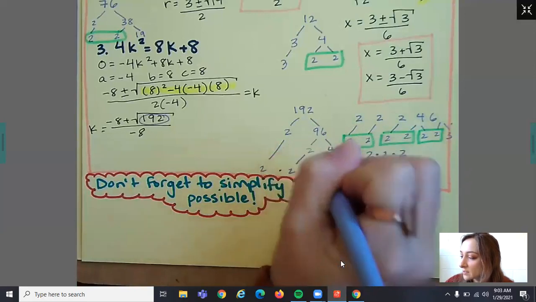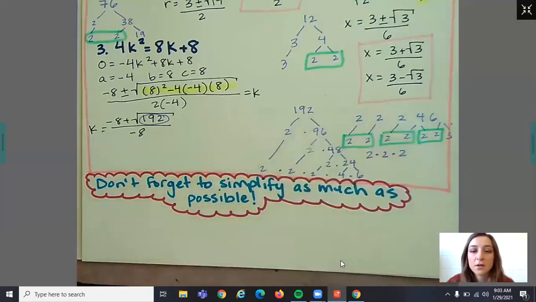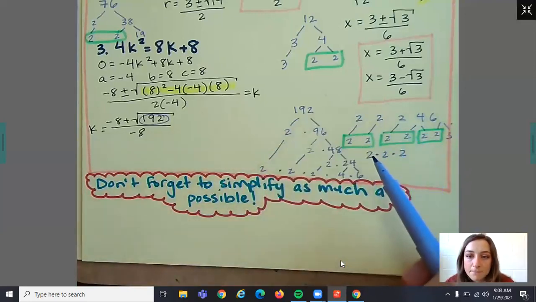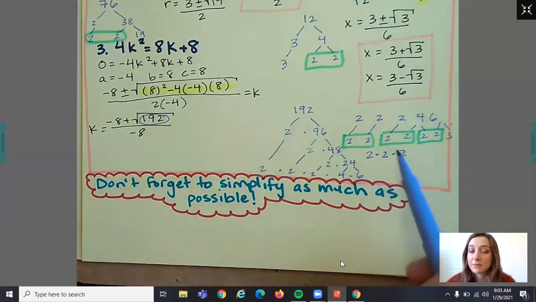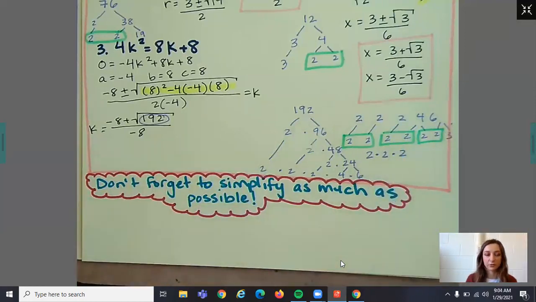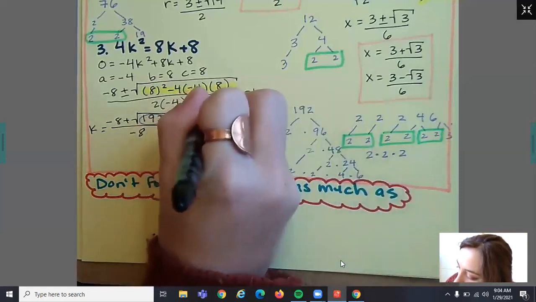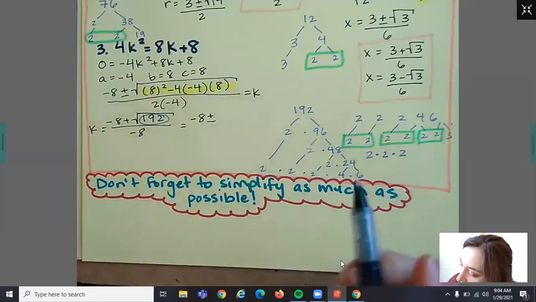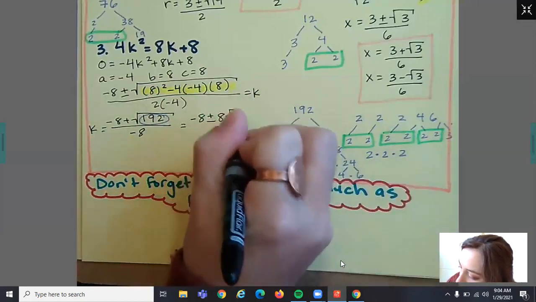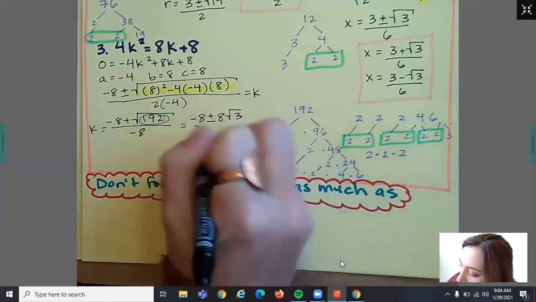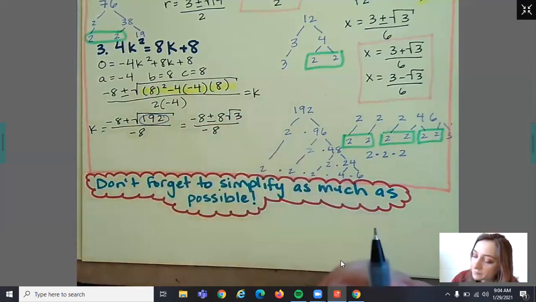So what we're taking out is 2 times 2 times 2, which is 8, and what's left on the inside is that lonely little 3. So we take out the 8, and inside the radical we're left with the 3, and on the denominator we have negative 8.